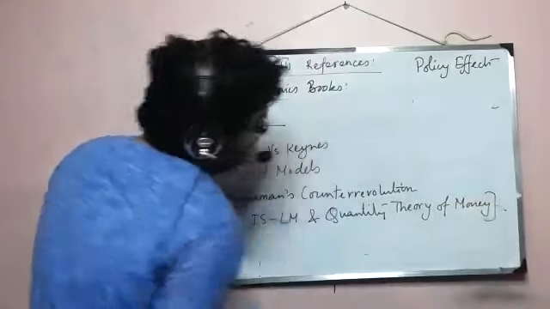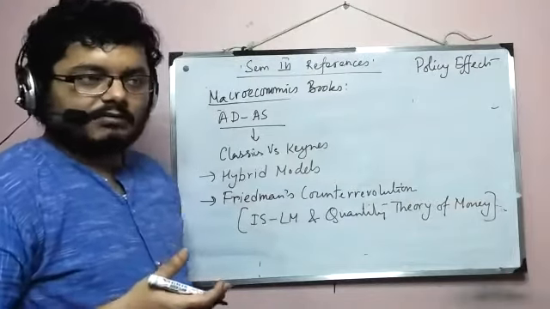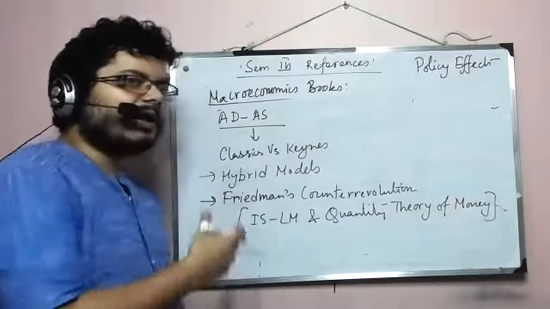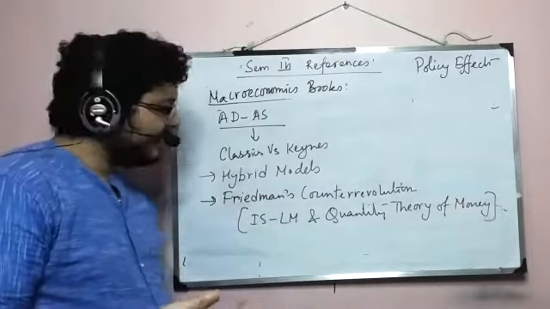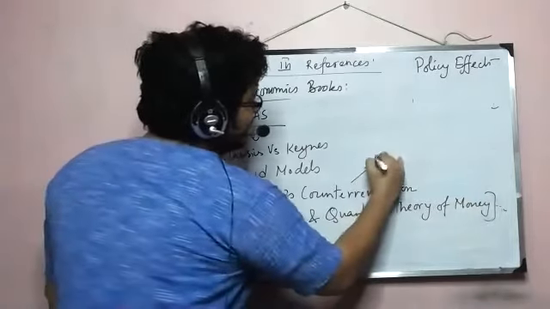Okay, you will come to know about a lot of schools of thought in macroeconomics. We have studied the classical school of thought. Now we'll largely study the Keynesian school of thought, and then we'll study Friedman's one, which is called the monetarist school.